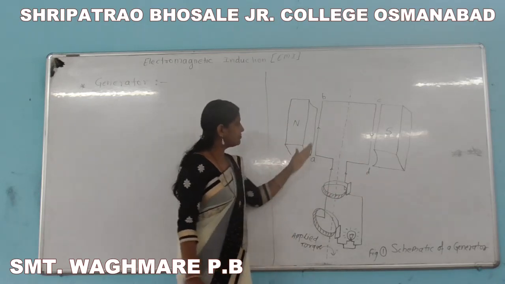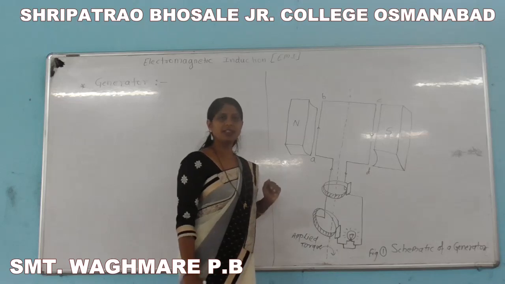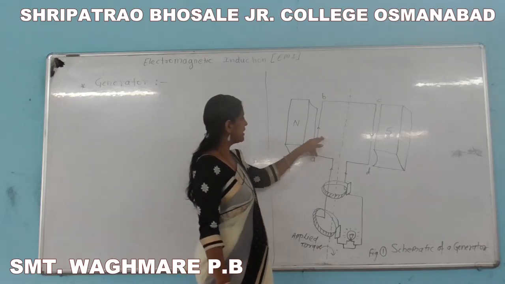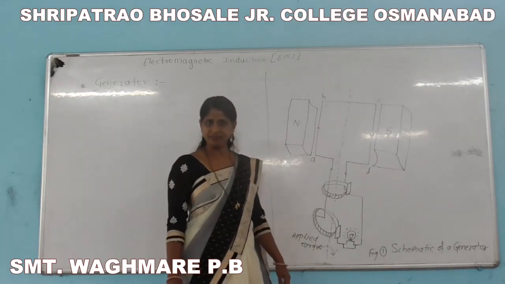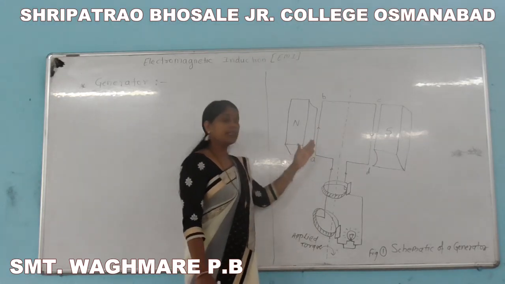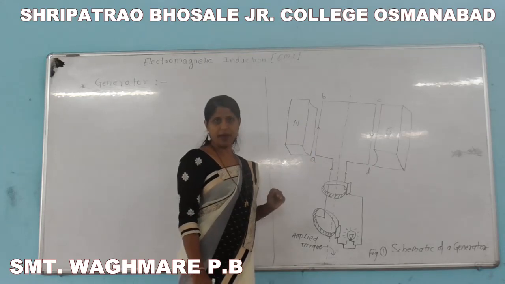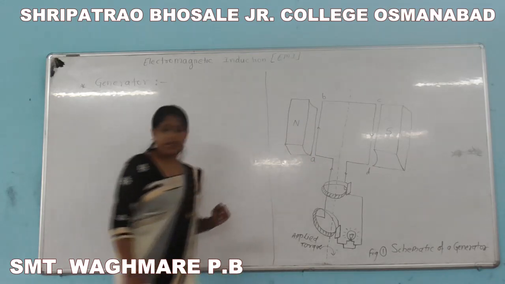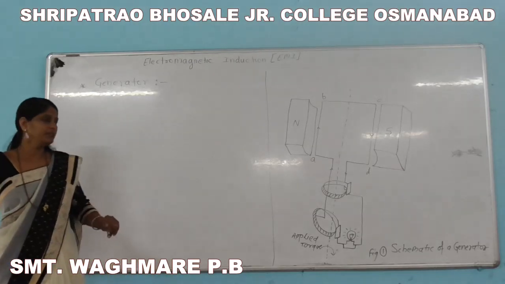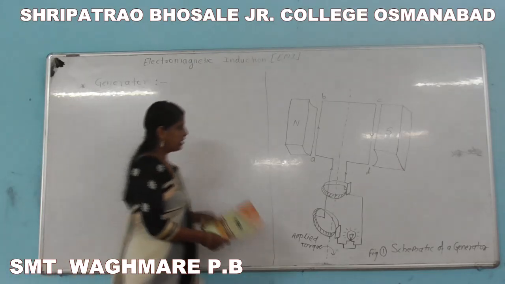It means that the direction of force is upward. This is the direction of the magnetic field. Then current will be induced in this coil as the coil starts to rotate. We can observe this rotation by using this.